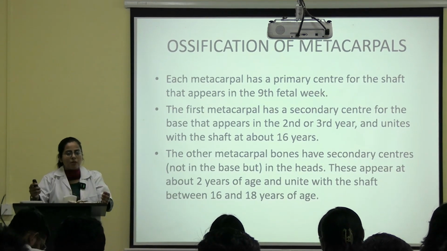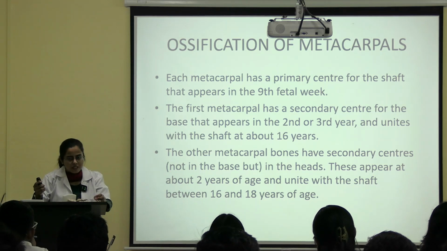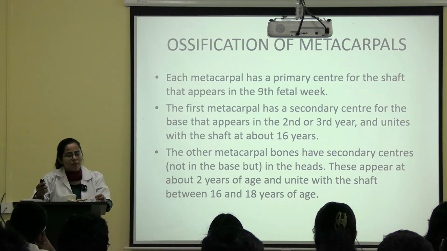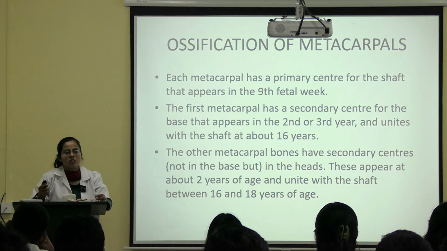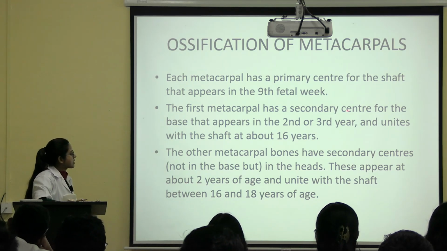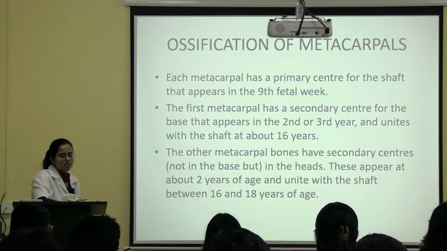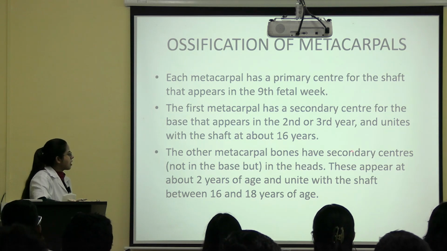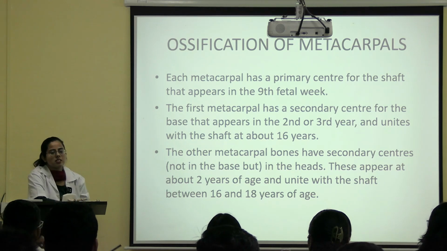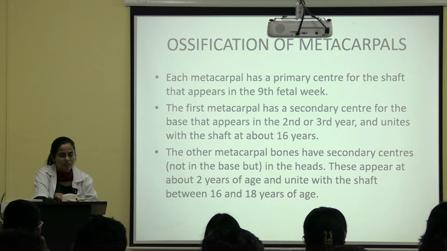So in case of first metacarpal, where will the secondary center appear? Base. And in the rest of the metacarpals, the secondary center will appear in the head. The other metacarpal bones have secondary centers in the heads that appear by 2 years of age and unite with the shaft between 16 to 18 years. The primary center will appear in the shaft. Clear? Understood?